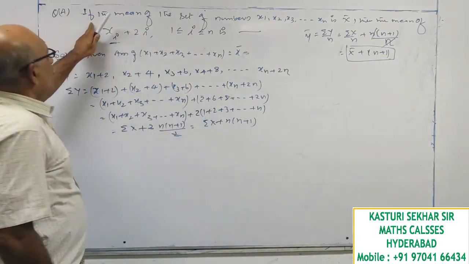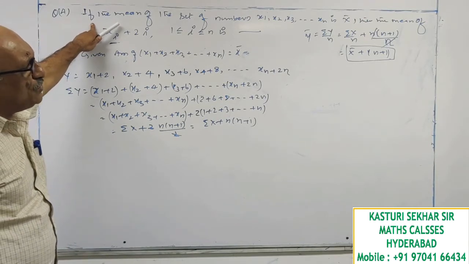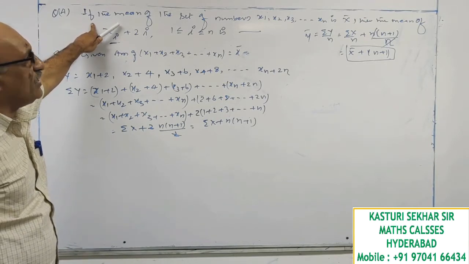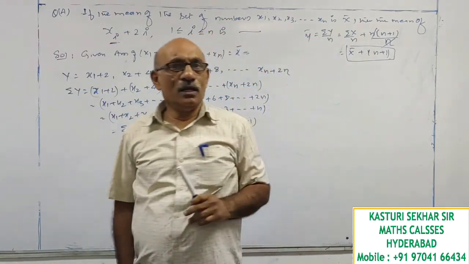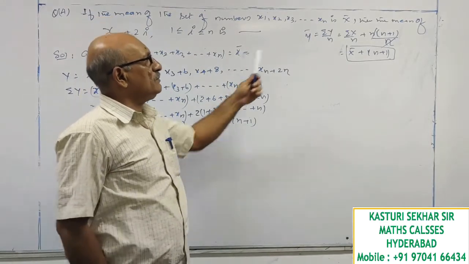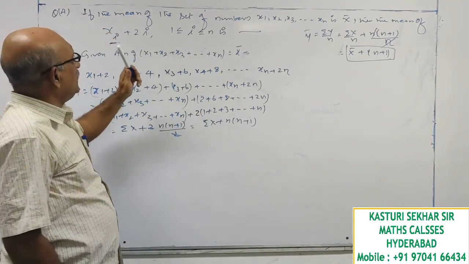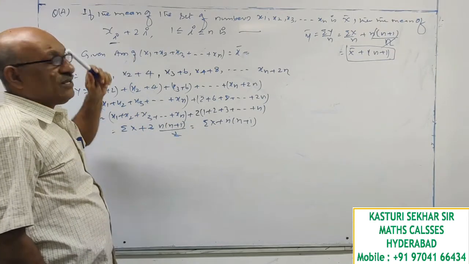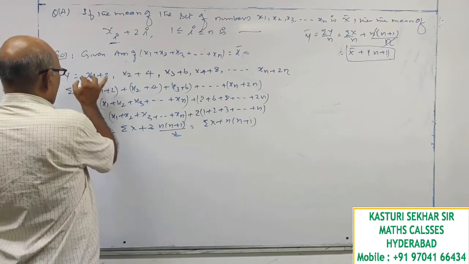Look at the question one more time. Mean of the set of numbers x1, x2, x3, etc. xn is x bar. So what I am doing here: the mean of this I have to calculate. First I replace i with 1, 2, 3, 4, and this way a sequence is obtained.